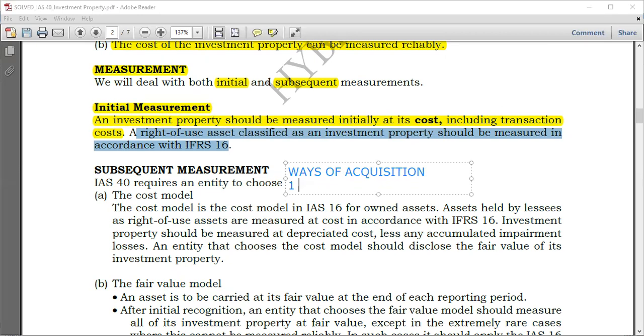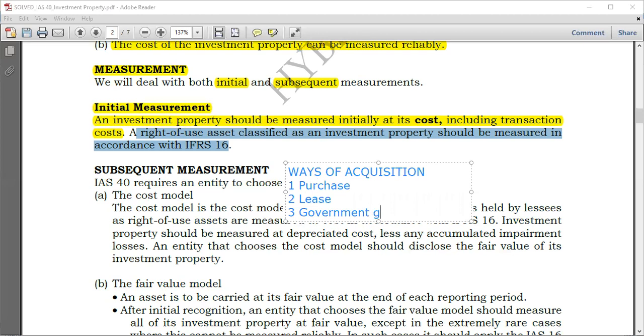First, you could acquire it through purchase, where you use the cost most of the time. Then you could acquire it through lease, which we have seen. Maybe you partly pay, but you also get a government grant. The government has helped you somehow.